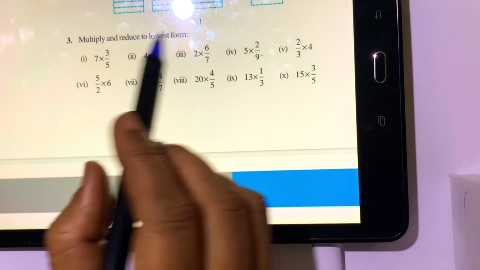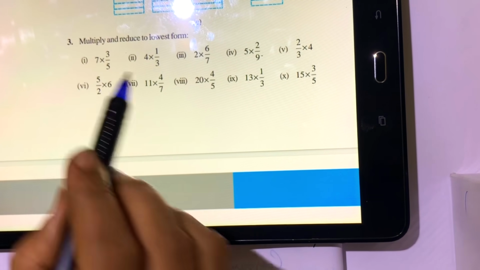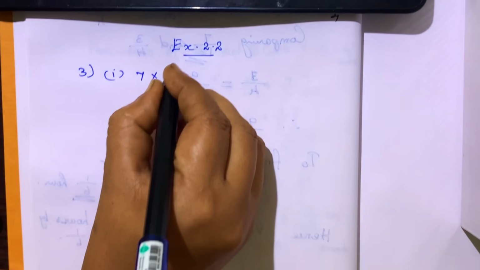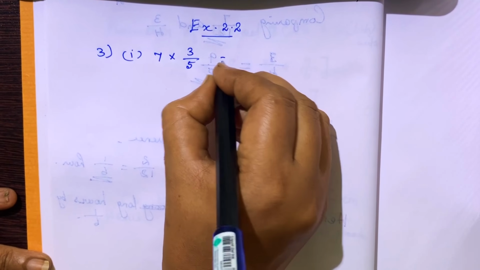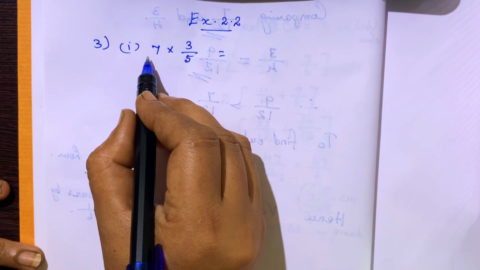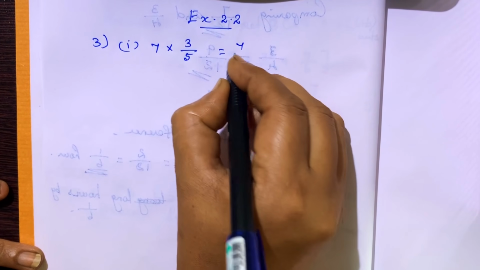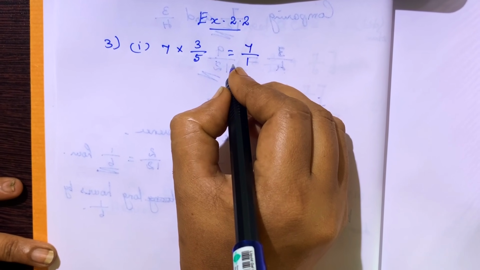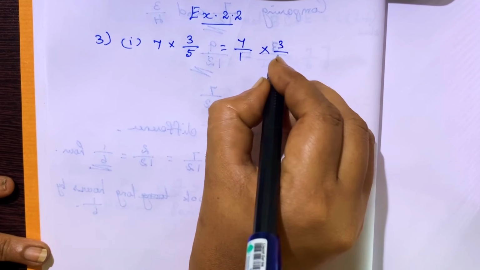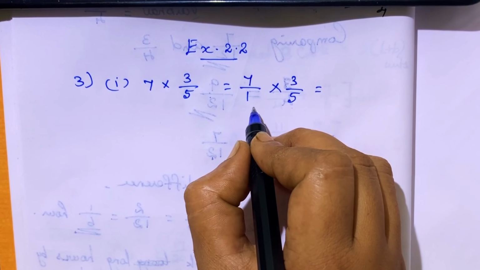Now I will do the third one, that is the first sum, for you. 7 into 3 by 5. As I told you, 7 is a whole number. You can write the 7 in the form of a fractional number, so 7 by 1. The value will not change if you write like this. Into 3 by 5. Multiplication is very simple.